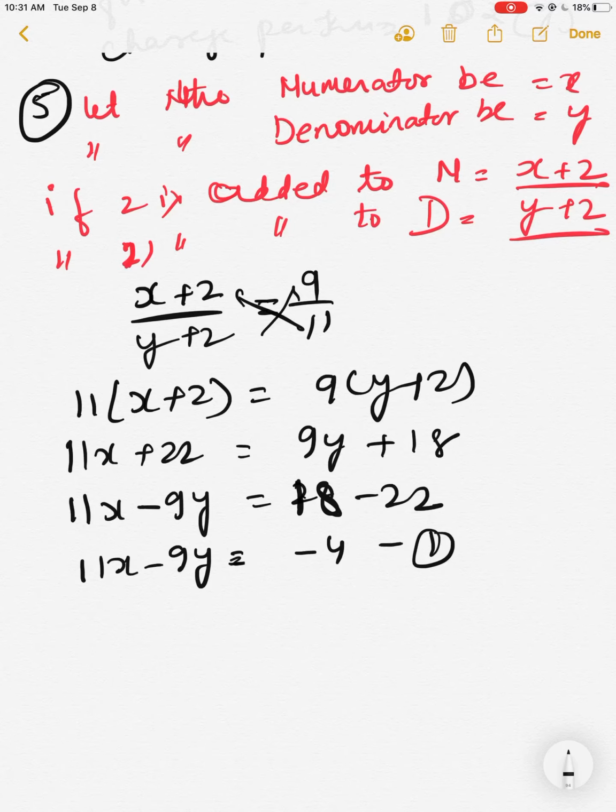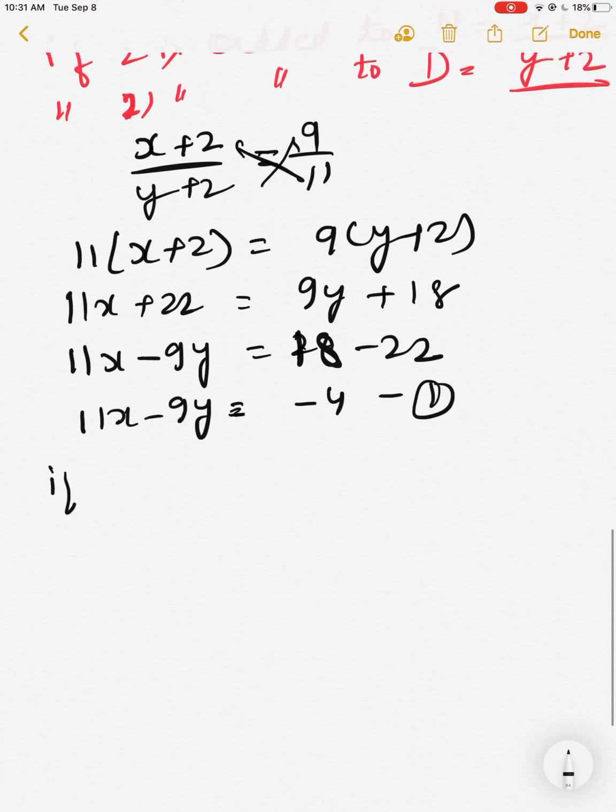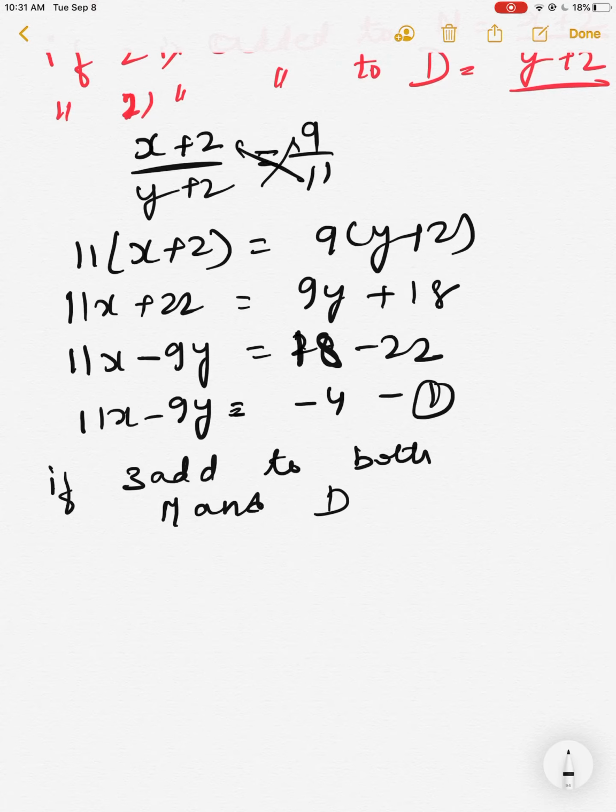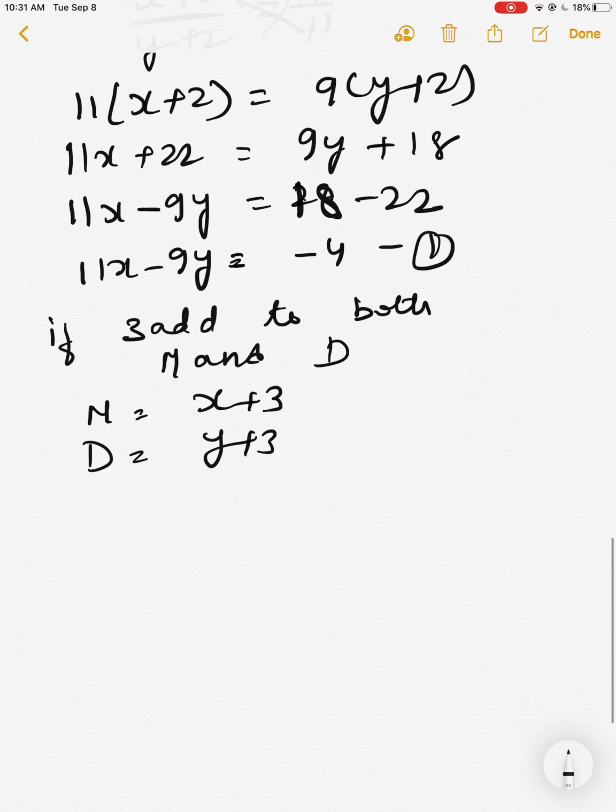Now if 3 is added to both numerator and denominator, the numerator will be x plus 3 and the denominator will be y plus 3. So what does the fraction become? It becomes 5 upon 6.